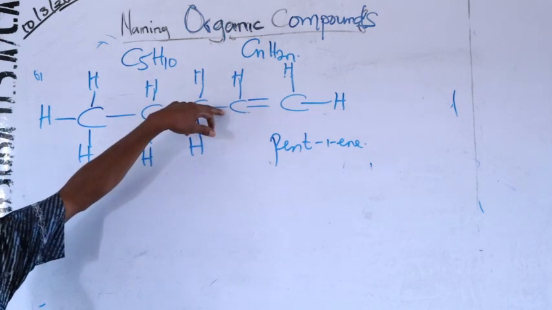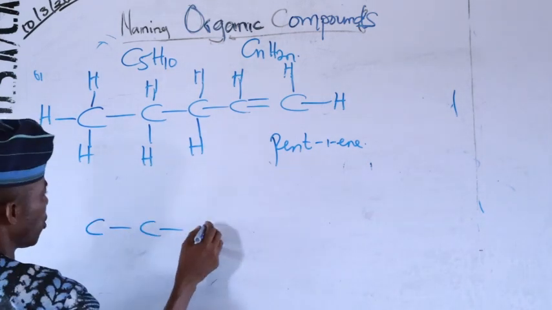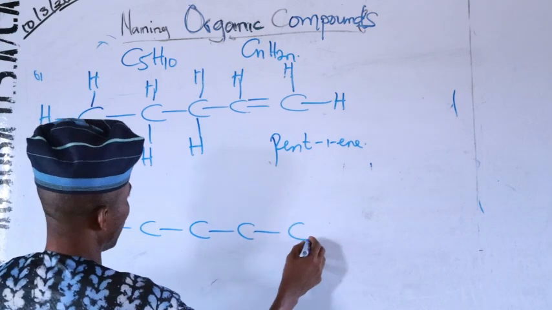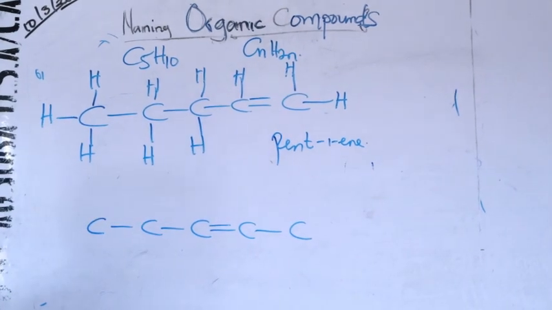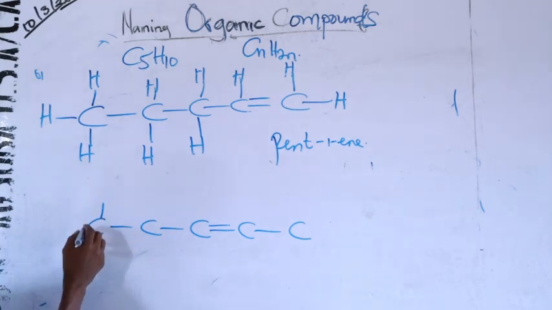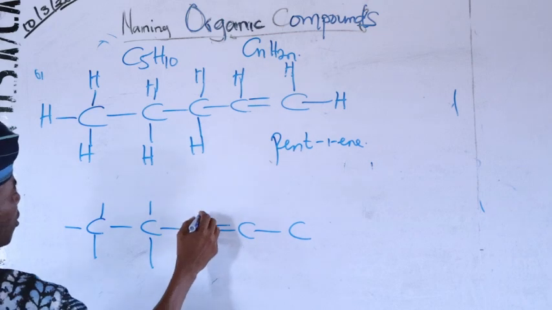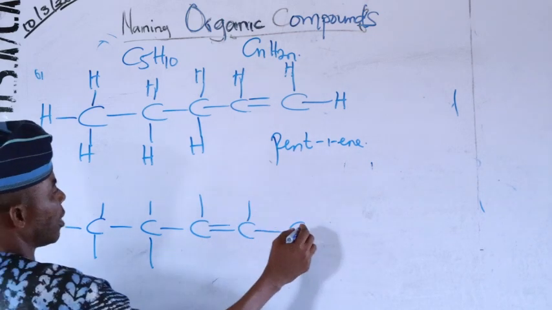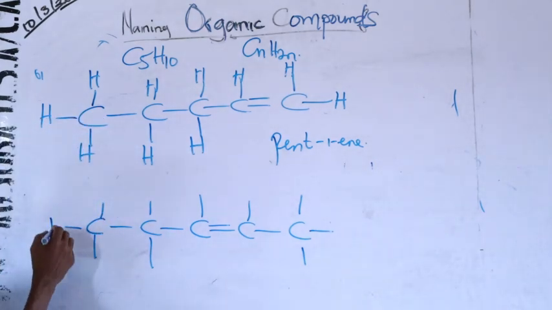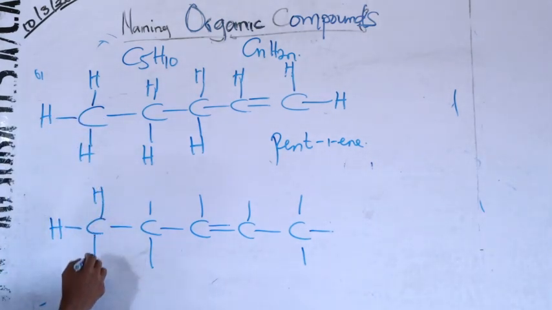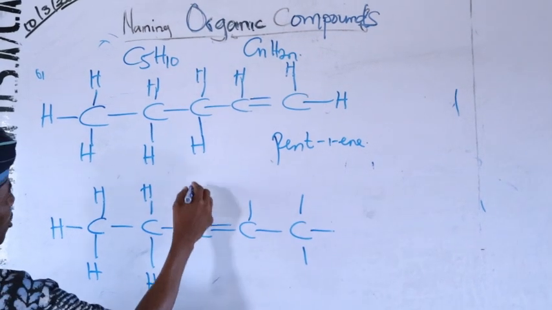number 2. So that is you have 1, 2, 3, 4, 5. Then you take the double bond on carbon atom 2. We have 4, 4, 4 bonds on each carbon, and we have hydrogen, hydrogen, hydrogen, hydrogen, hydrogen.